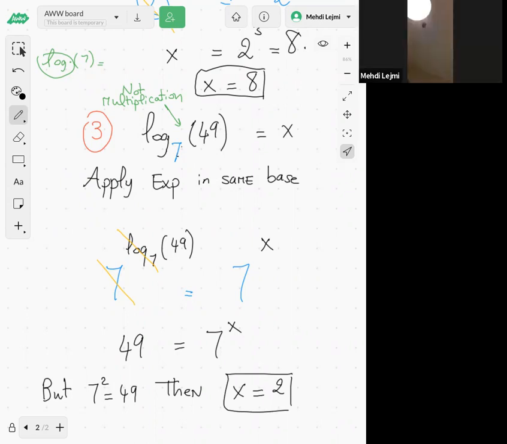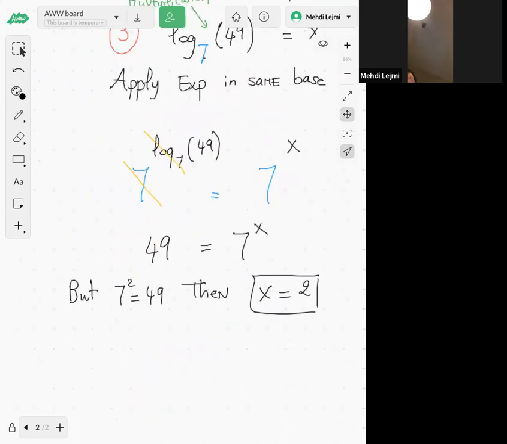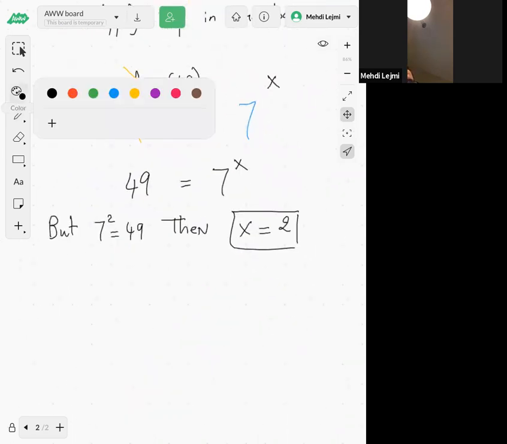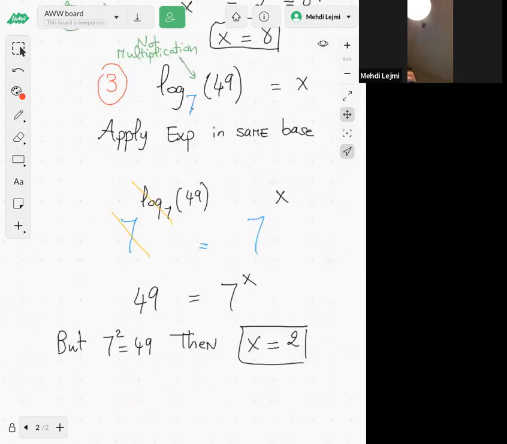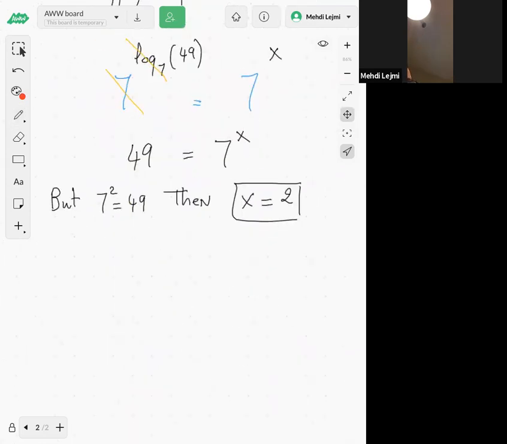Yeah, another example. I think example 4.